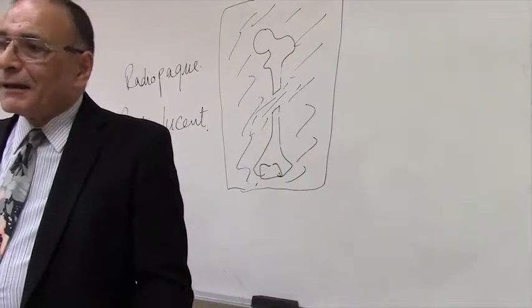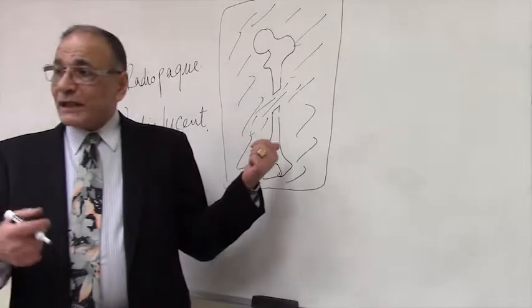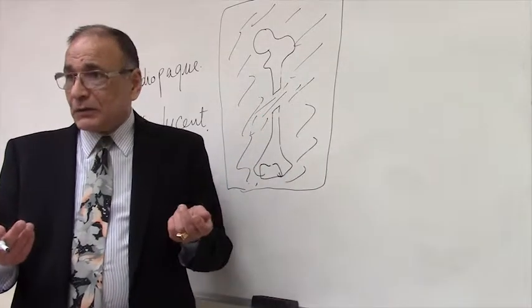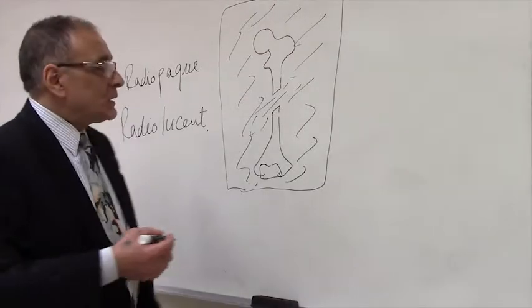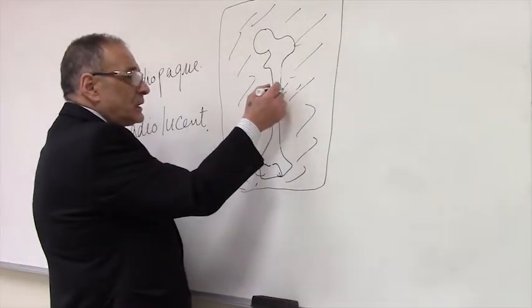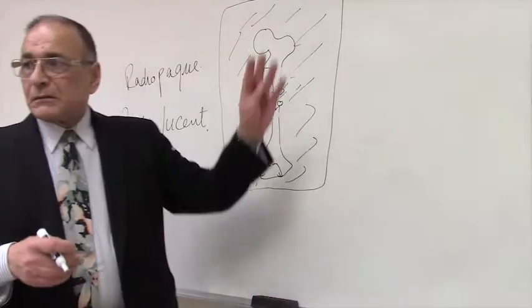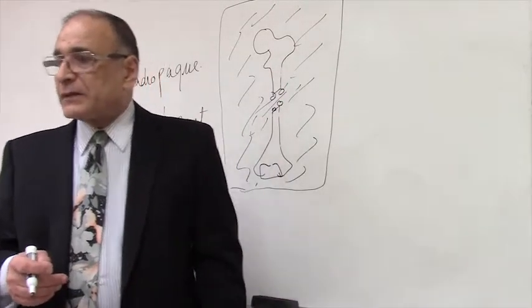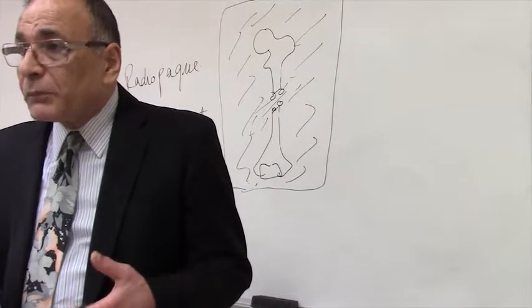It's broken. Broken bone. So it's easy to use the X-ray to diagnose a fractured bone? Yes. And also the type of fracture. Sometimes you find the fracture is not even like this, but a fragmented fracture like this, several pieces. So you diagnose the fracture and the type of fracture also.